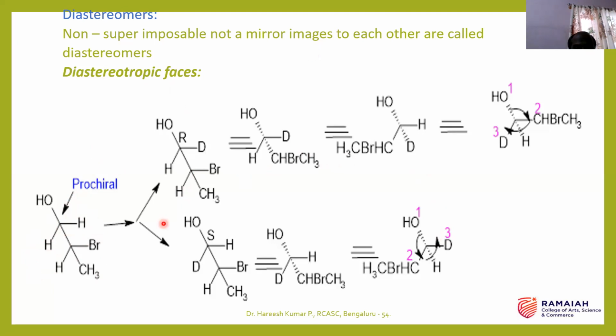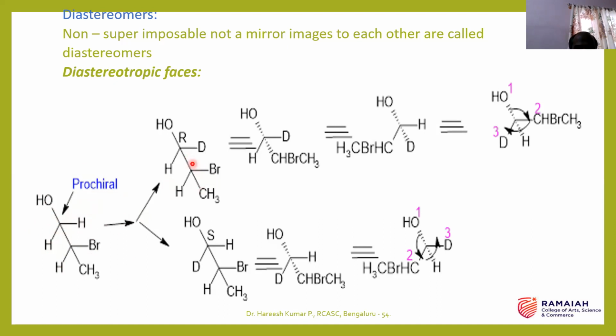So this is the diastereotropic explanation with an example. You can say that if a prochiral moiety is attached to a chiral compound, then this type of molecule is called a diastereotropic molecule. And if we replace any of the hydrogens, you will end up with diastereomers.